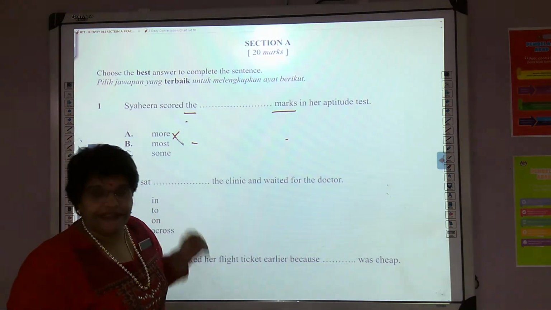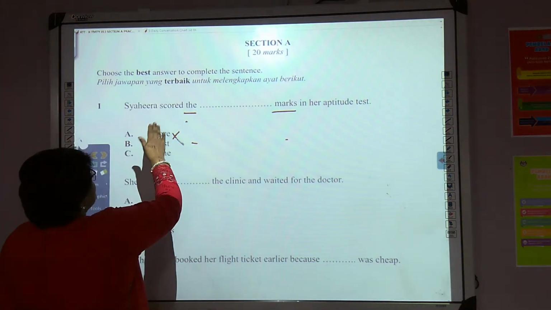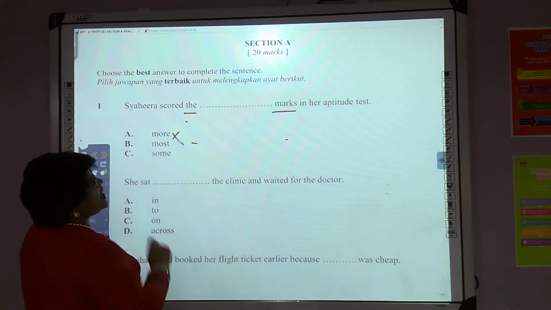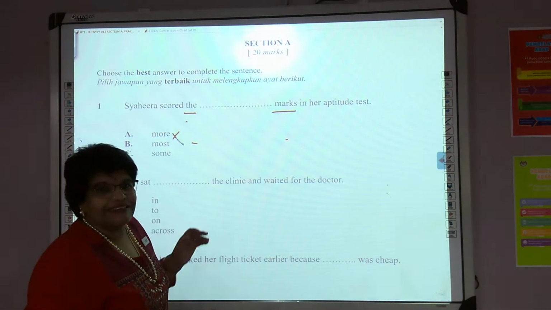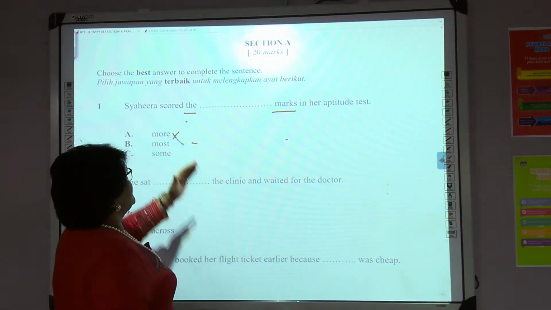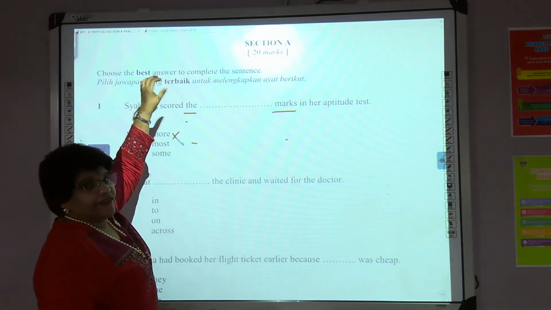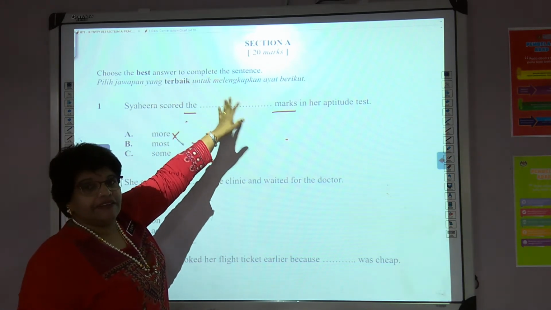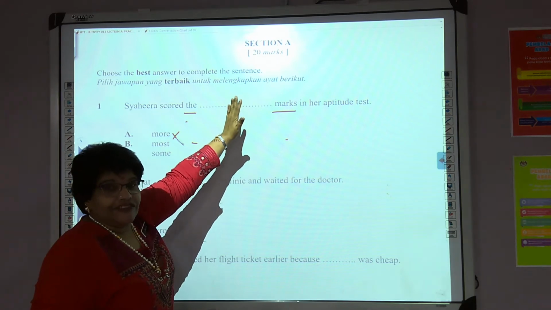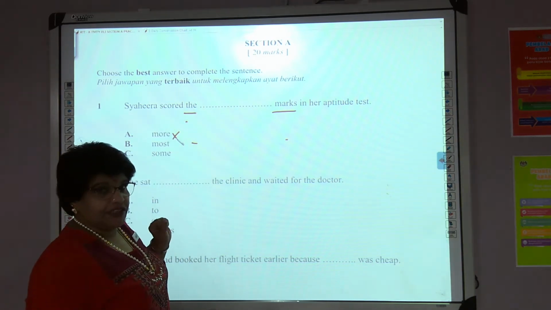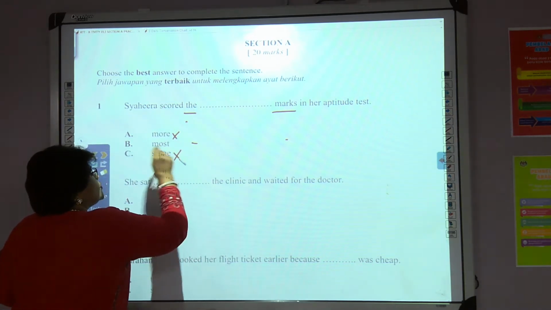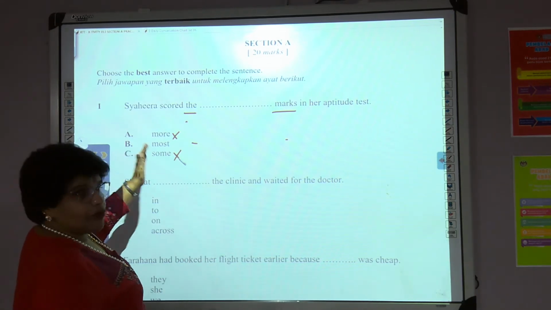Who knows, there may be a better answer? So you see, Shahira scored the some marks in an aptitude test. Definitely it is wrong because you have the article "the". When you have the article "the", it must be either the -est superlative or "at most". So this is wrong. So what is the correct answer? "Most".